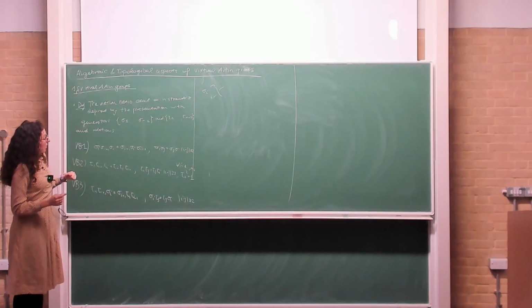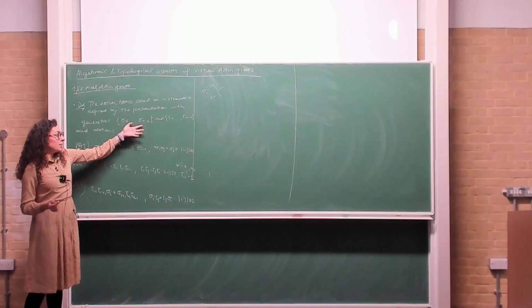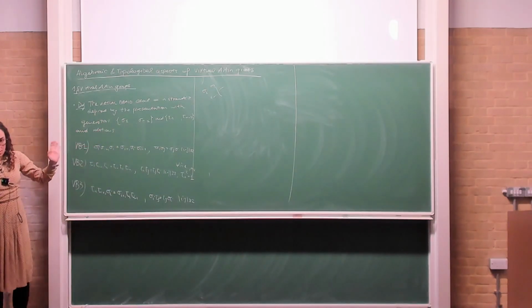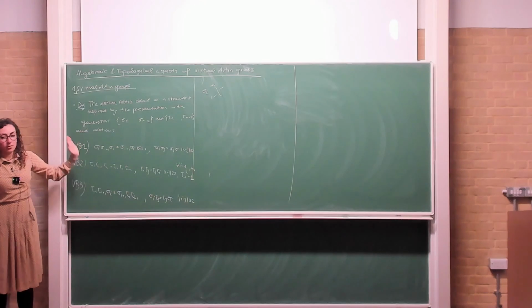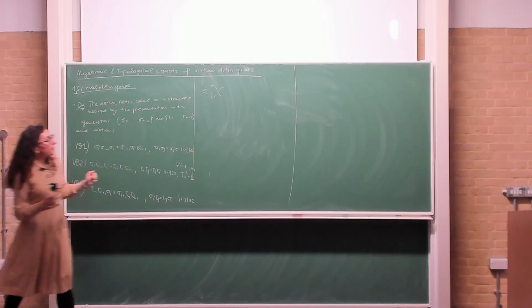And if we consider the subgroup of the virtual braid group generated by the classical generators, what we obtain, it is a theorem, it's not obvious, is actually the classical braid group. So we can interpret the braid group as a subgroup of the virtual braid group.